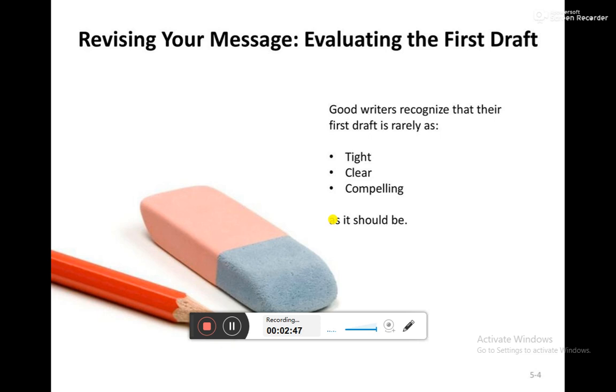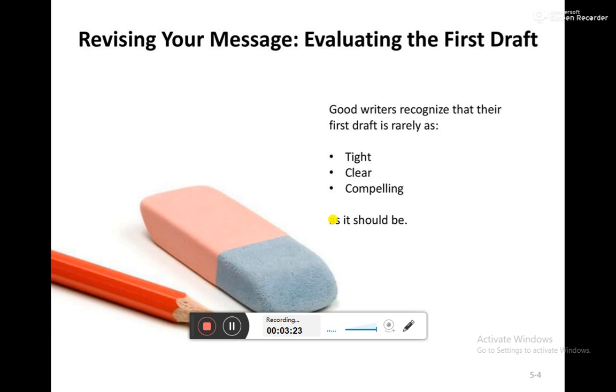This chapter covers the tasks in the third step of the three-step writing process: revising your messages to achieve optimum quality, and then producing, proofreading, and distributing them. After you complete your first draft, you may be tempted to breathe a sigh of relief, send the message on its way, and move on to the next project.